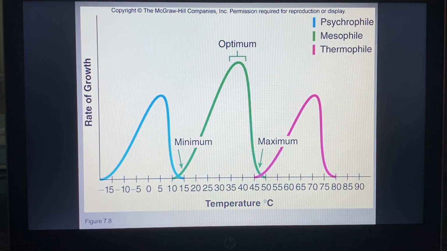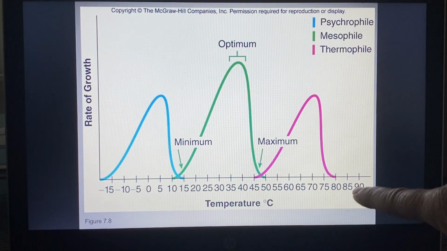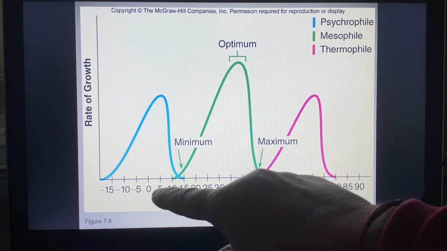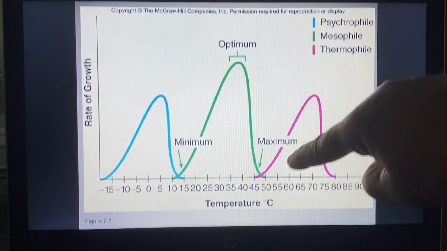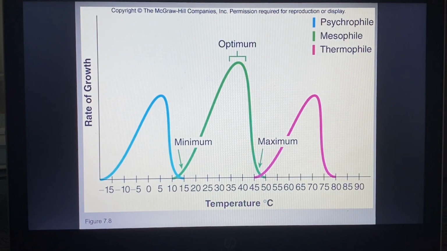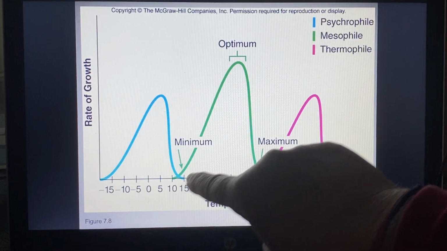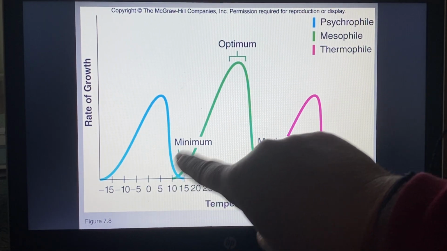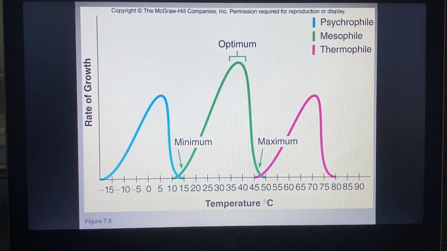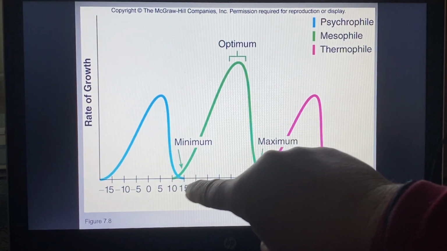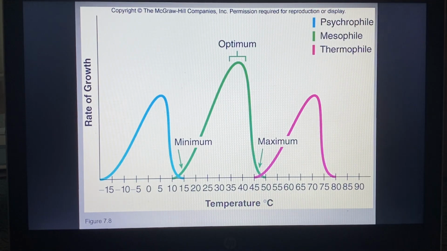So here we have a species, and let's look at the one in the middle because that would be an example of a human pathogen. So way down here by about 15 degrees, which would be roughly the temperature of your refrigerator, it's going to be able to grow a little bit, but just barely, not enough to cause an infection.